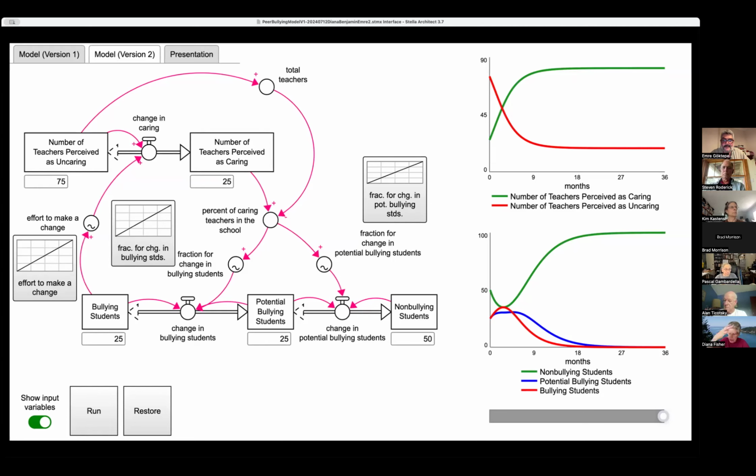It's pulling to zero because it's not accelerating, it's stabilizing, pulling everything over to the non-bullying. And you're right about that. I think this is simplistic. We know it's simplistic. But we had to start somewhere, and we wanted two main ideas and a feedback between them. I was surprised that Emre could even get something to work at all, but never underestimate Emre. Steve, did you want to say something?